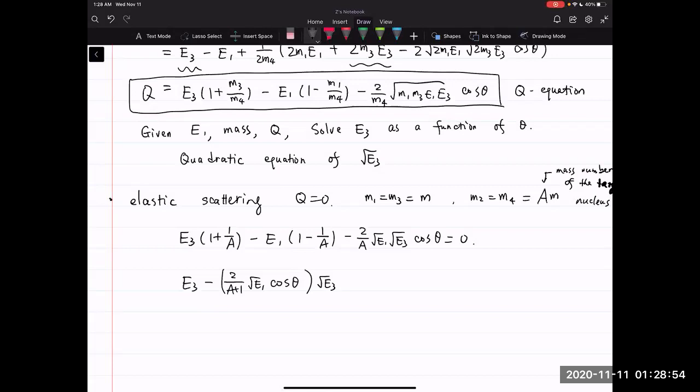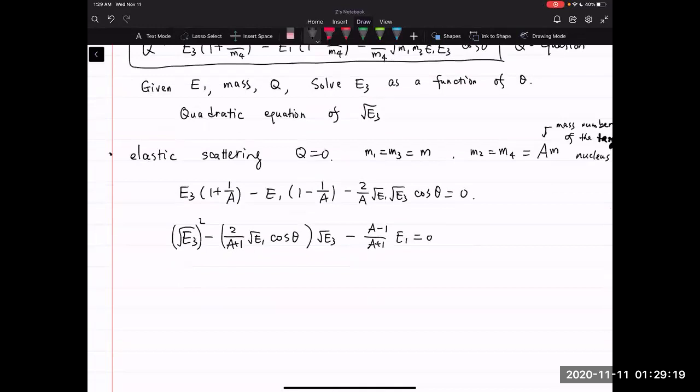And then the middle term becomes minus A minus 1 over A plus 1 times E1 equal to 0. The first term is E3. You can see that it's the square root of E3 squared. So it is a quadratic equation of square root of E3.